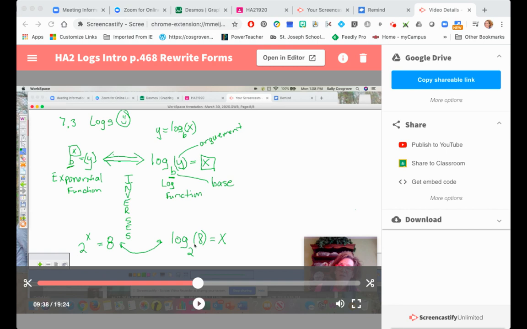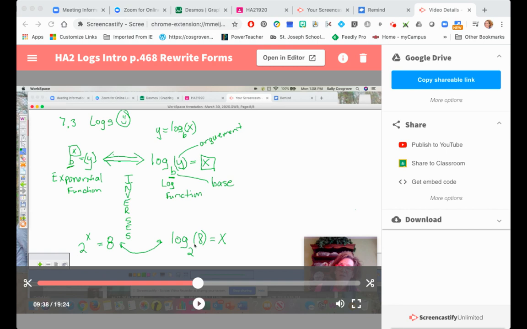Well, over here, 3 and 81 are not the same, but I can rewrite 81 using base 3. 3 to the fourth is 81. So now, are my bases the same? Well, yeah, they are. They're both base 3. So now what? Can you set y equal to 4? You can. And we've done example 3.